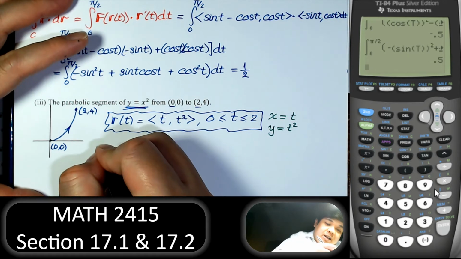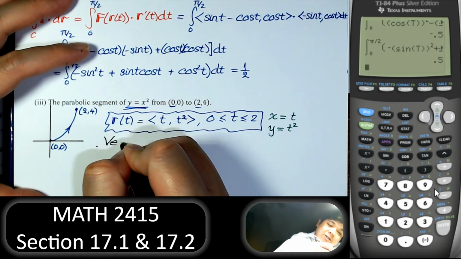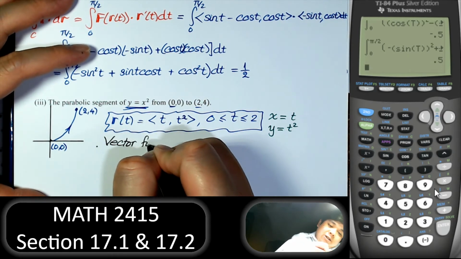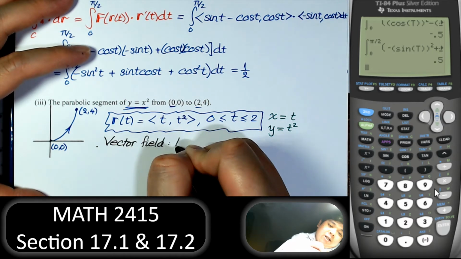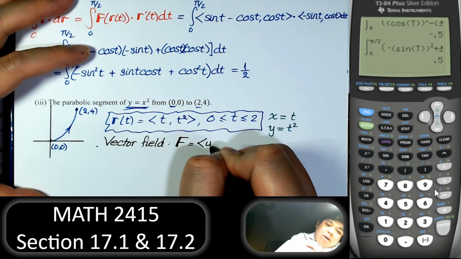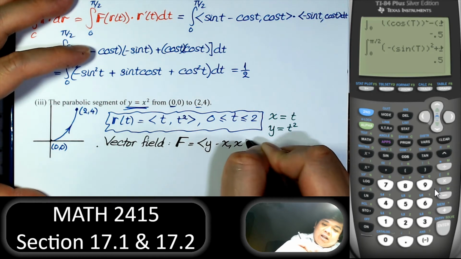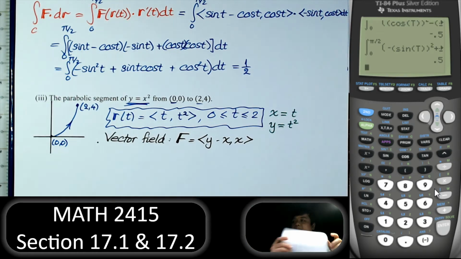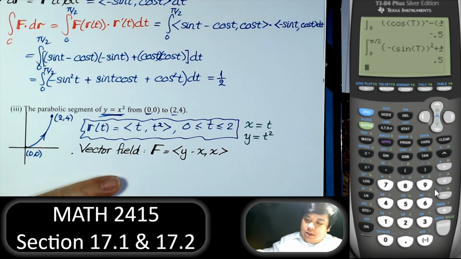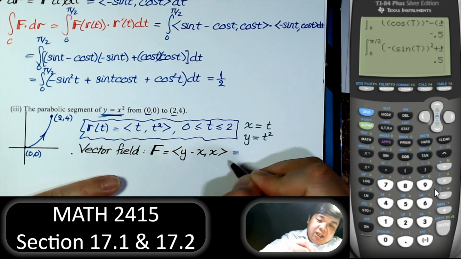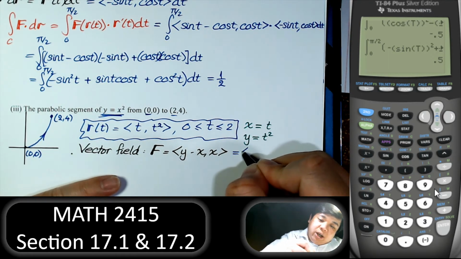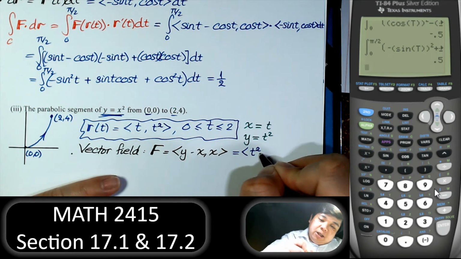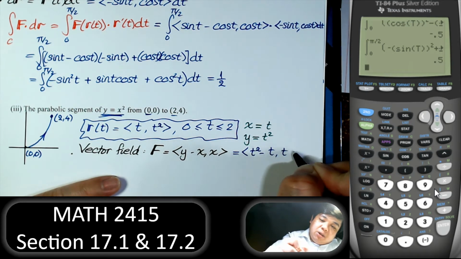Next, the vector field F is equal to y minus x, comma x. Yes, it is. So in terms of t, y is t squared, x is t, comma t.